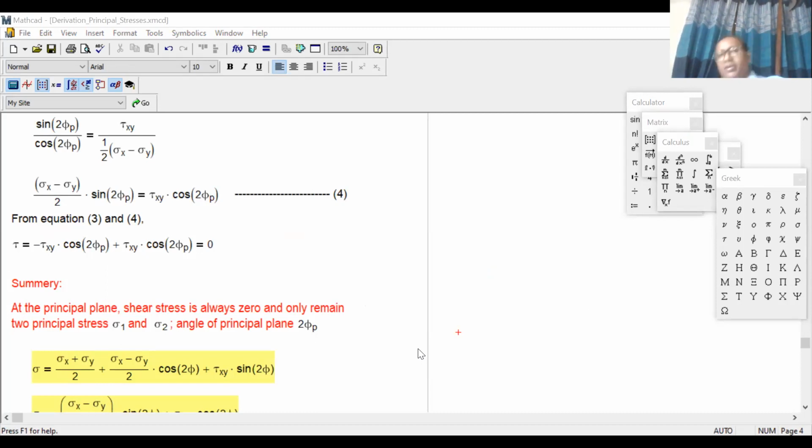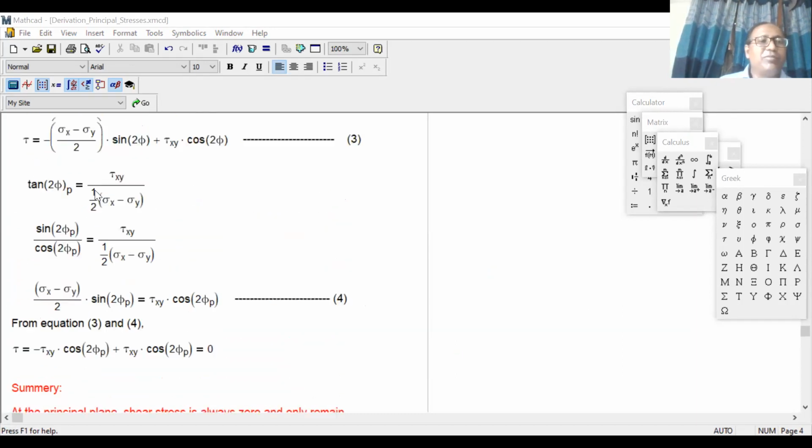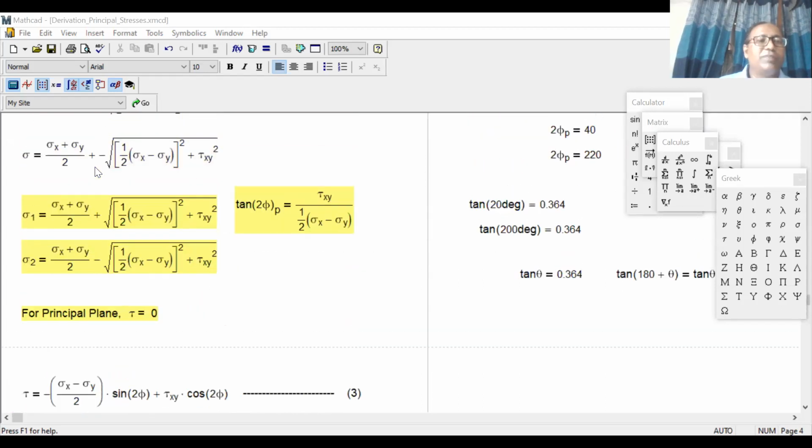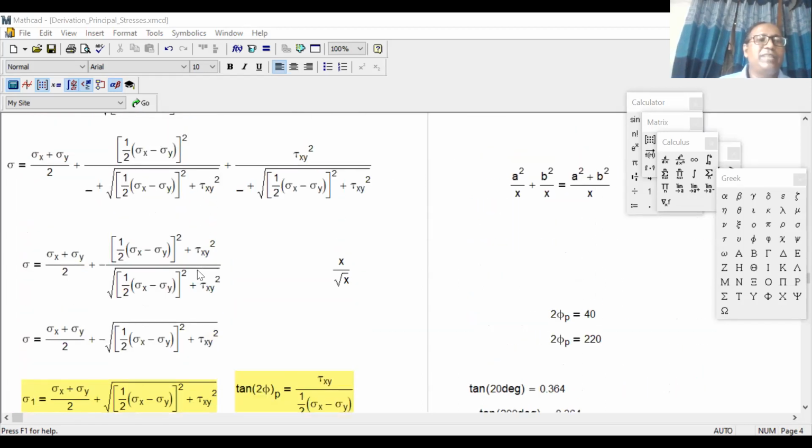Now we'll try the other equation. What did we do here? For which value of phi will sigma be maximum. Similarly, we need to figure out for which value of phi tau will be maximum. Right here, what did we derive? A derivative. We took the derivative of the mother equation of sigma.